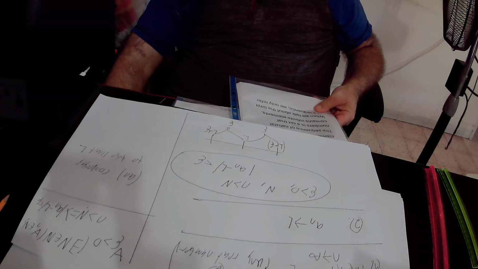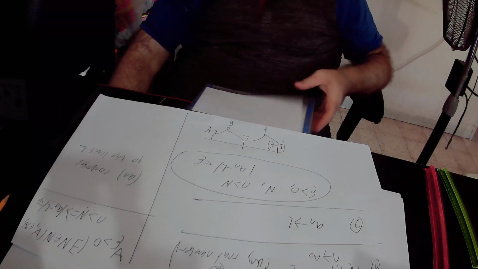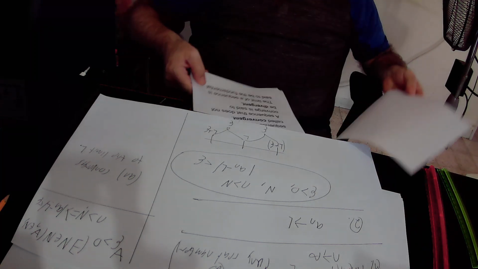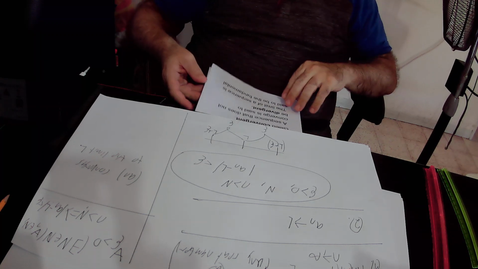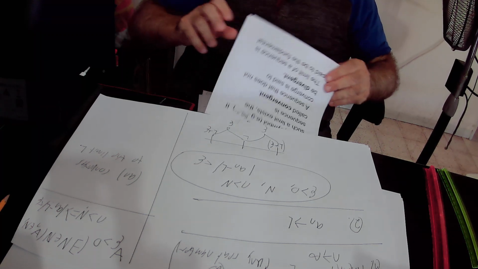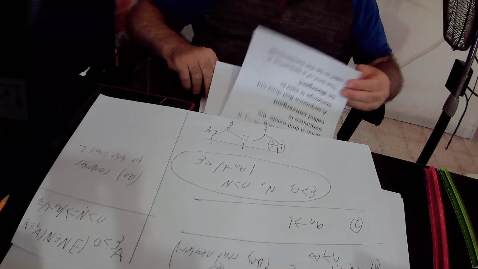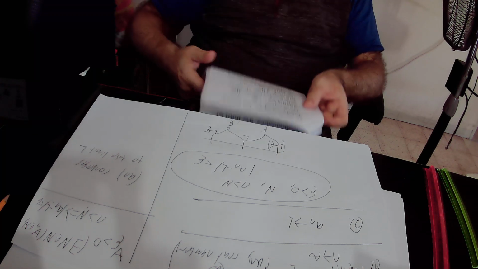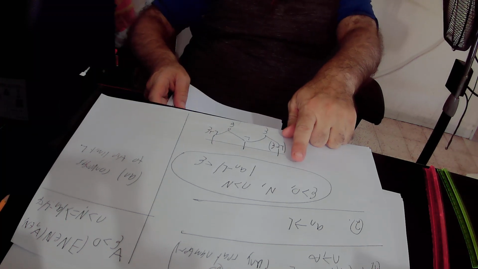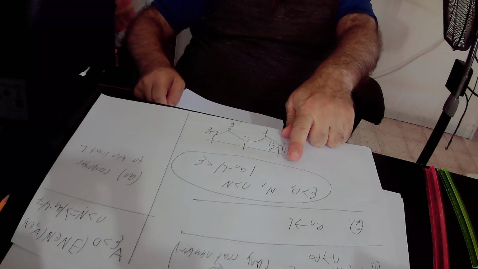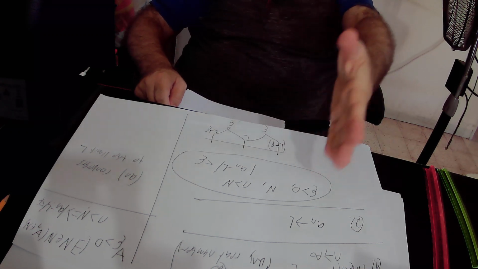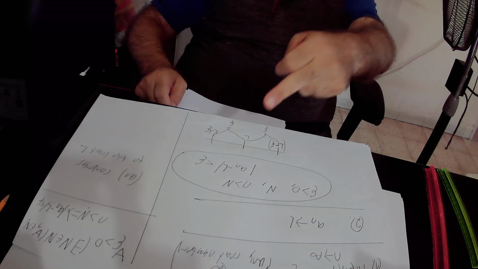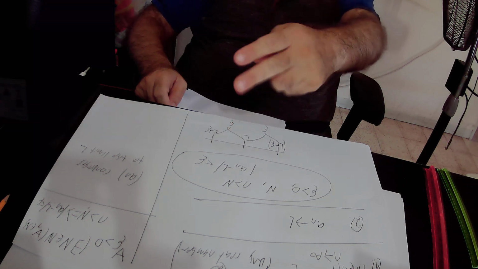So actually, the meaning of this condition is that the terms of the sequence an from the index N onwards are close to the limit L up to epsilon.